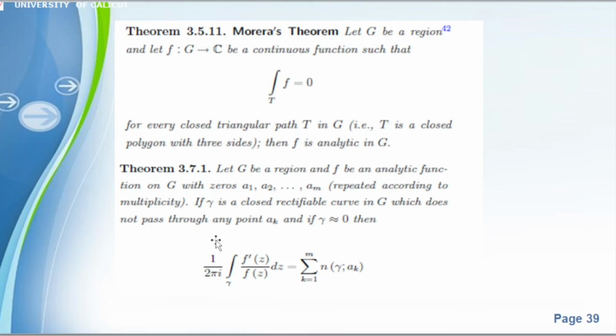That is, if a1, a2, etc. are the zeros of this analytic function and γ is a rectifiable curve, then 1/(2πi) times the integral of f'(z)/f(z) dz is the sum from k = 1 of n(γ; ak).